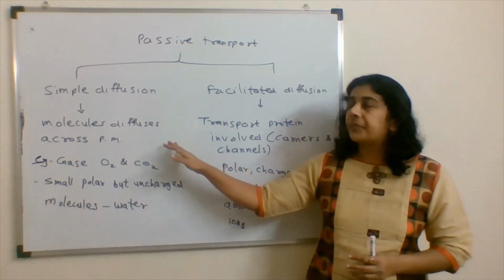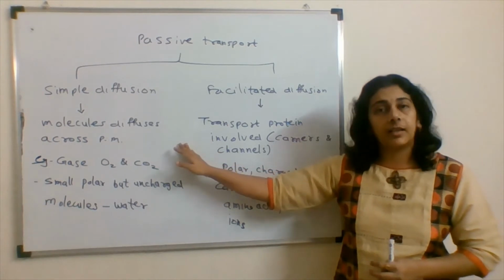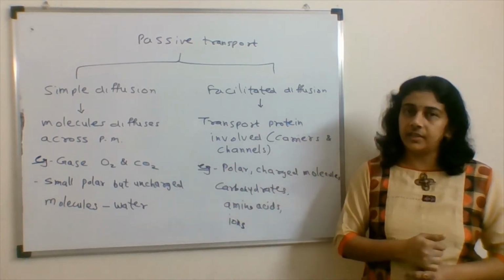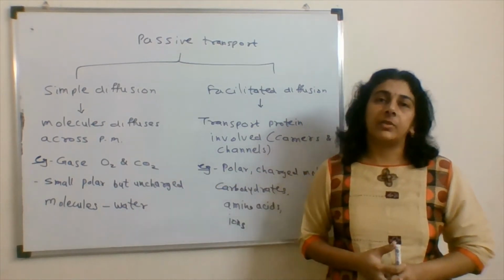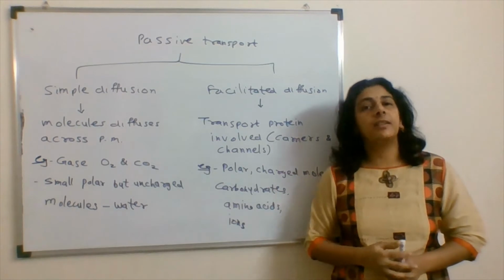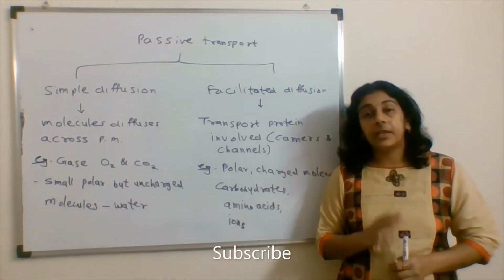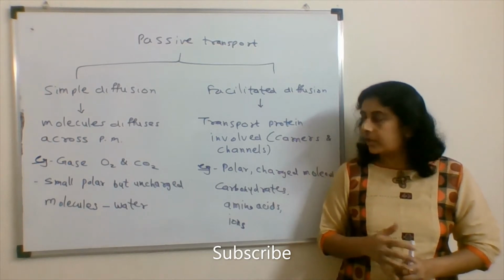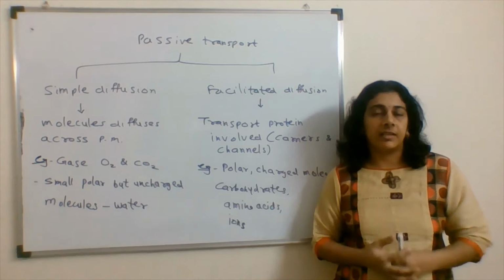There is no need of energy, and this is again along the concentration gradient. Gases like carbon dioxide and oxygen can be transported using simple diffusion. The second one is small polar but uncharged molecules like water, which can pass through the cell using simple diffusion.